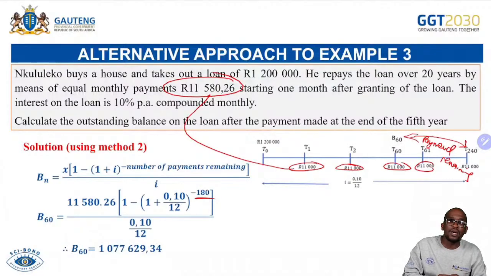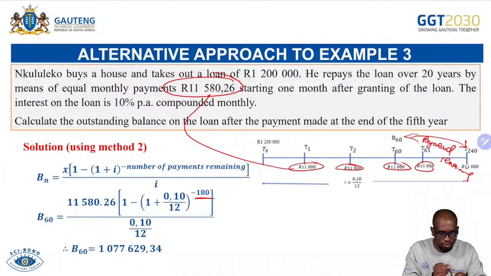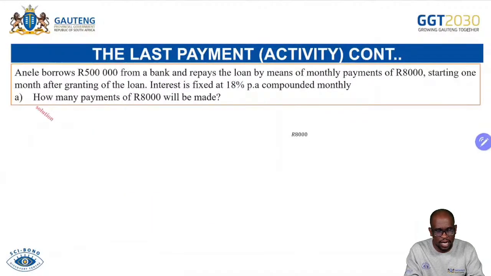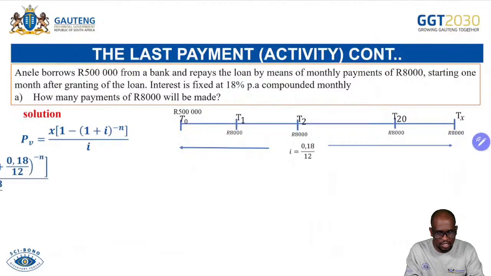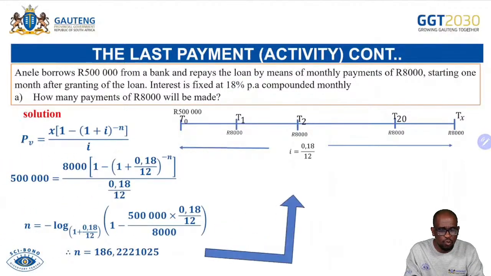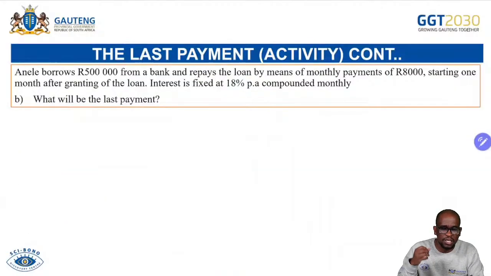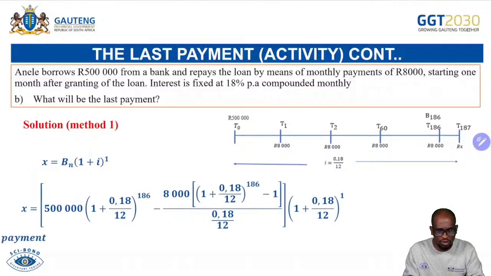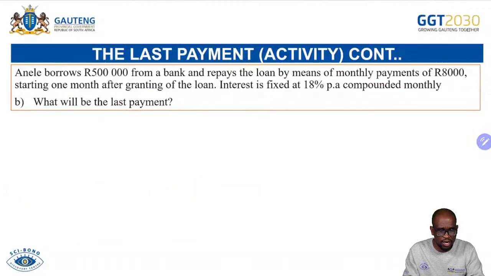All right, good people, we've reached the end of our lesson for today. There were other things that we were supposed to have done, the last payment and the activity that involves the last payment, but I hope that whatever we've done is enough to make sure that you are able to work with the last payment, and your educators will assist you as well.